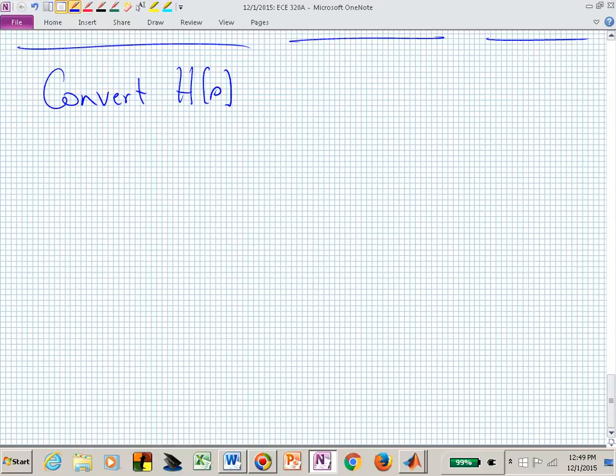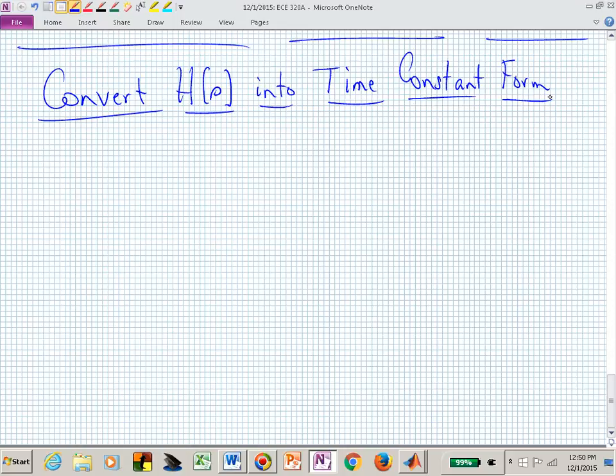We need to convert H of s into time constant form. Or what we're really doing is normalizing the constant coefficients in all of those linear and quadratic factors to be 1.